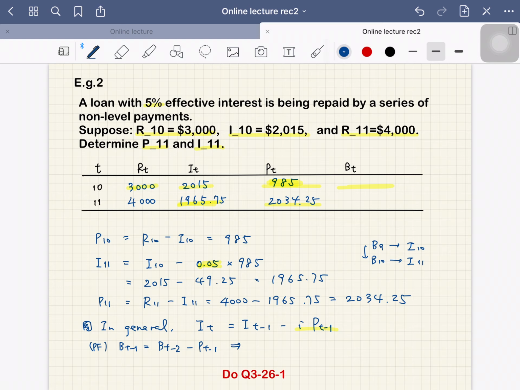So if we multiply i on both sides, i times B_(t-1) is equal to i times B_(t-2) minus i times P_(t-1). But this means it is equal to I_(t-1) minus i times P_(t-1). So always you can use this formula to identify the interest for the next year.